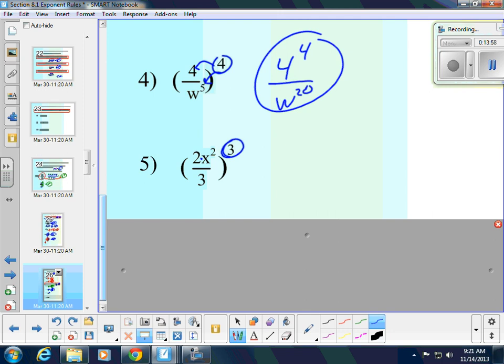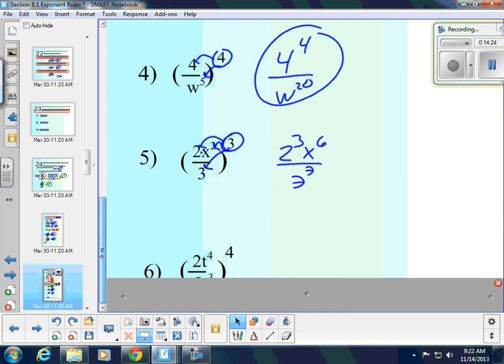And after a little thinking, they usually realize that every single one of these is going to be applied to the 3rd power. Because when we're multiplying things together, like we said from the previous rule, we have everything to the 3rd power. And now we're finding out when we divide things too, they all go to the 3rd power. So this will become 2 to the 3rd power, x to the 6th over 3 to the 3rd. So every single one of those things goes to the 3rd power.